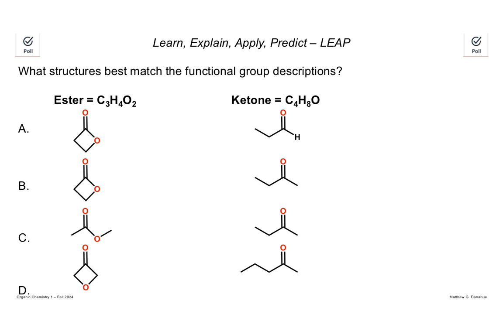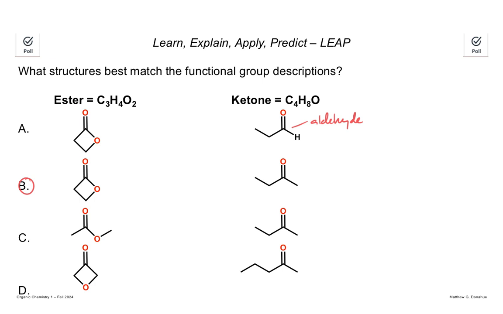So B is in. What's wrong with choice A? So this is an aldehyde, and again, we eliminated that from the IR. What about C?